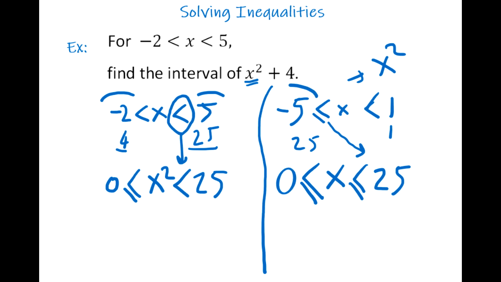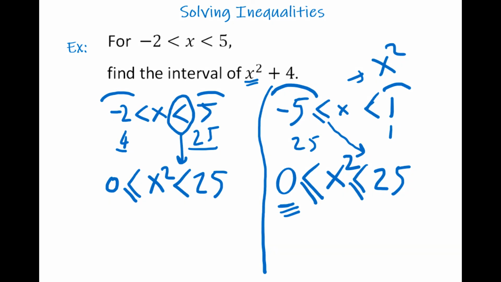If one side is negative and the other side is positive, always on the left there is 0, guys, if you want to take the square of something, square of x in this case. Anyway, let's get back to the question again. So the x squared interval is 0 and 25, and there is an equal symbol here on the left, 0, and there's no equal symbol on the side of 25.